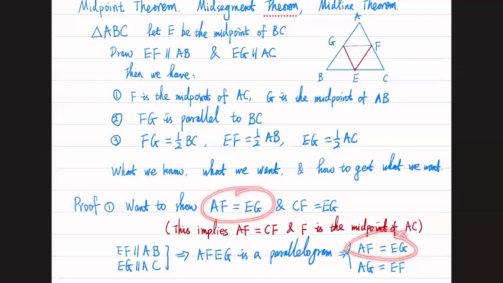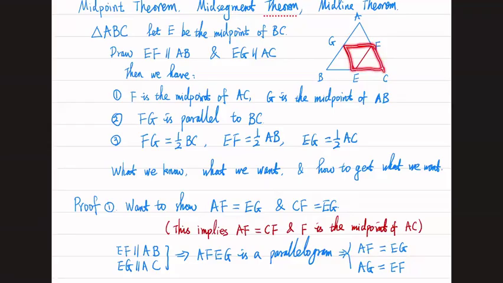Now the second part, CF and EG. How do we prove they are the same? Previously, we used this parallelogram. Could we use this parallelogram?